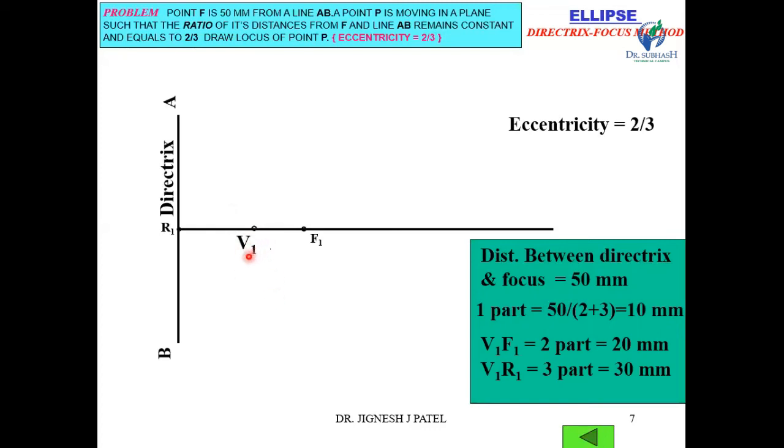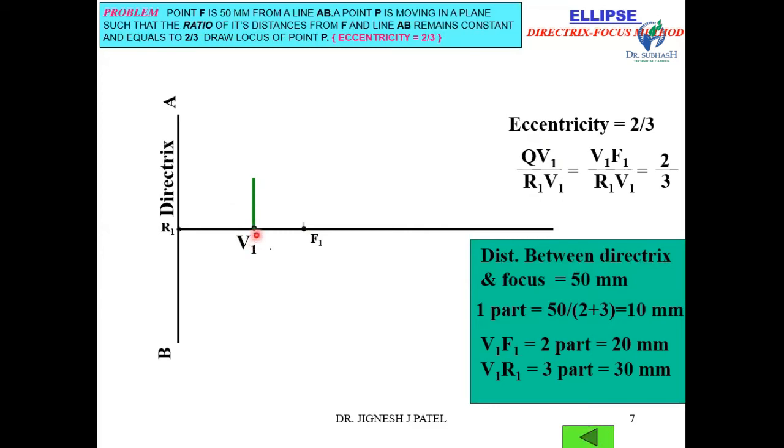Okay, so now plot this vertex V1 on this line. So the eccentricity ratio you can find here. Now from V1, draw one vertical line.